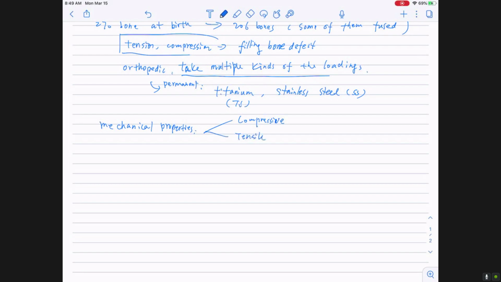With high elastic modulus, that's leading to the host bone losing its strength.